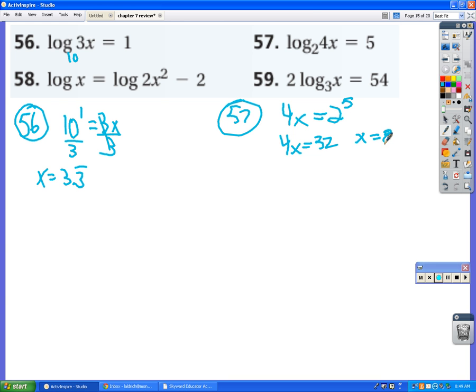Go back to the last one. This didn't have a base, so it's got to be 10. You put a 10 to the first. So 10 to the first equals 3x. Well, 10 to the first is just 10, right? So I just divided 10 by 3 and got my answer.